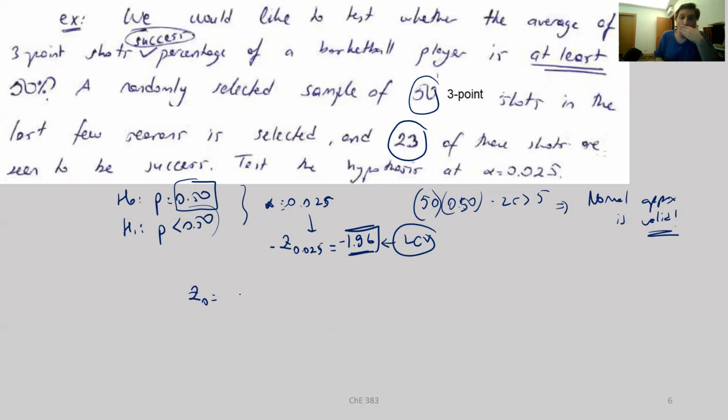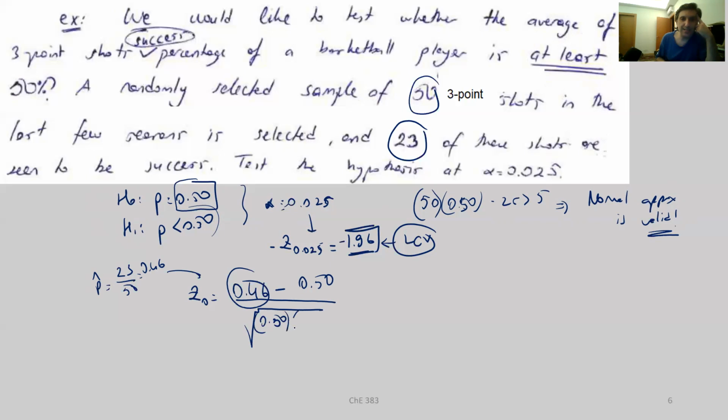So it's going to be equal to 0.46, which is 23 over 50, which is P hat, minus the hypothesized value, 0.50, divided by square root of 0.50 times 1 minus 0.50 divided by number of trials, which is 50. Let me check. Yes. And the result is minus 0.566.